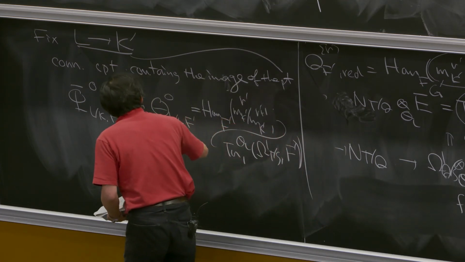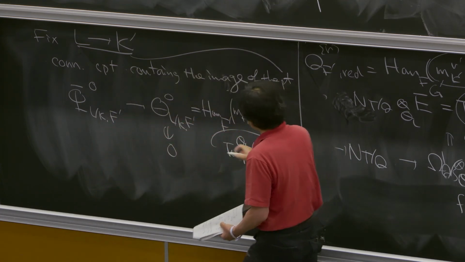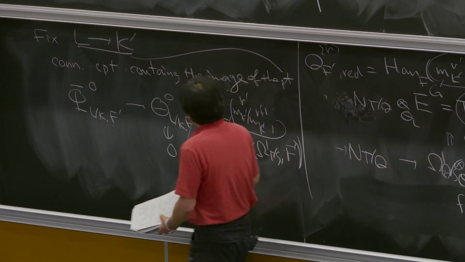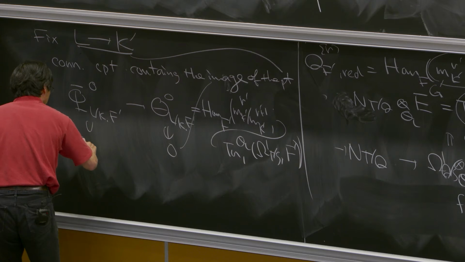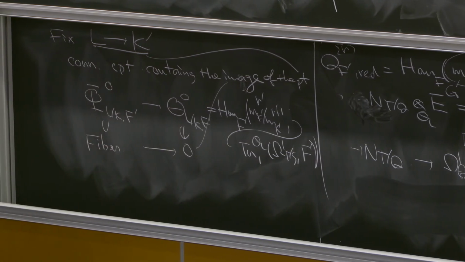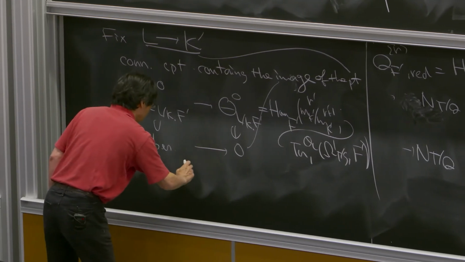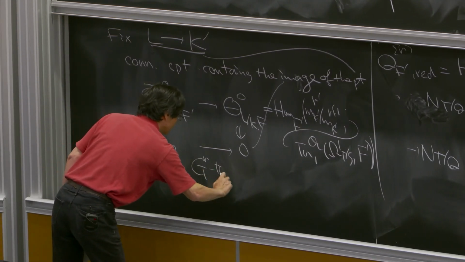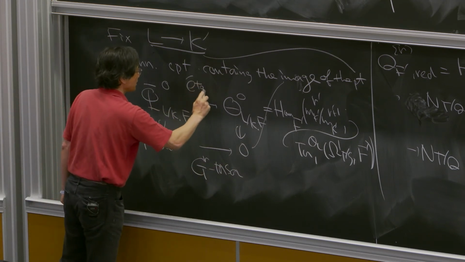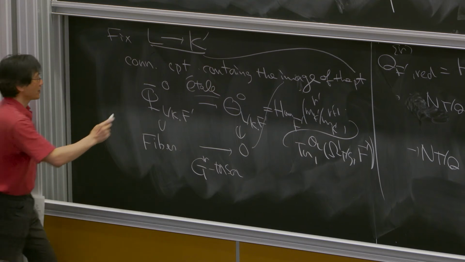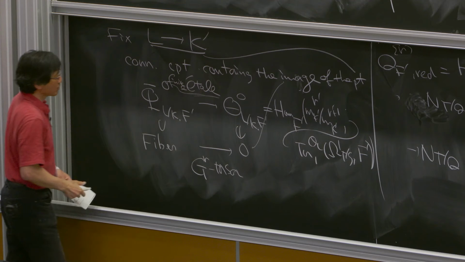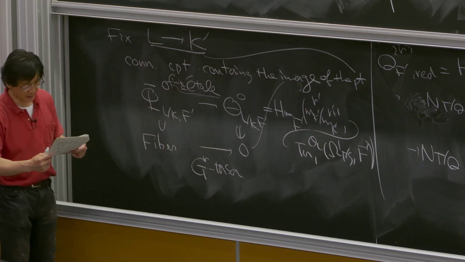And let's take the origin. The origin is in fact the image of the point we chose. Now we have fibers. And this fiber is in fact a G-torsor. And we already know that this is finite étale, and the fiber is a G-torsor.